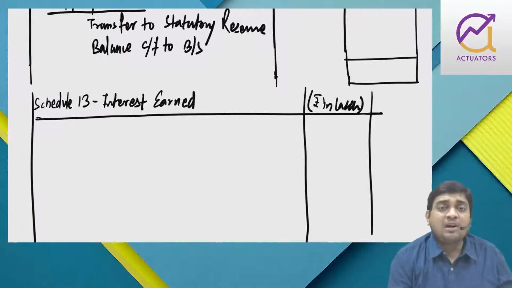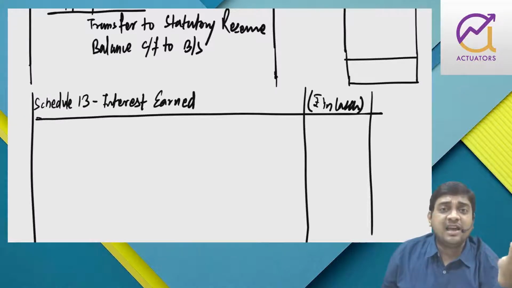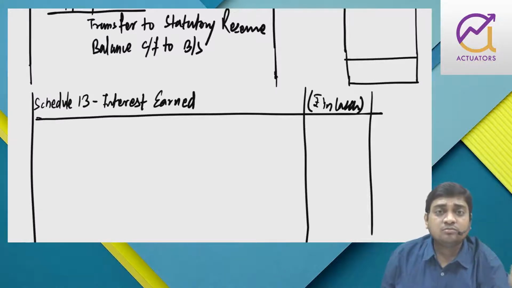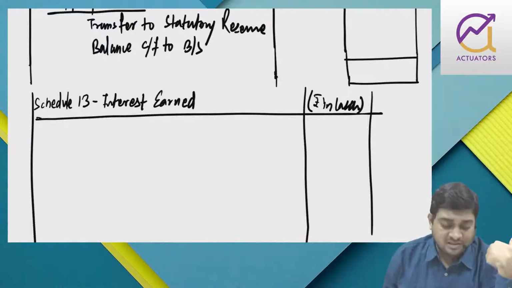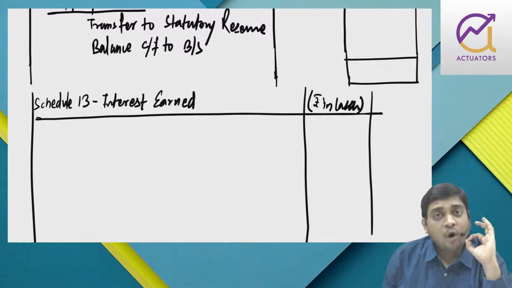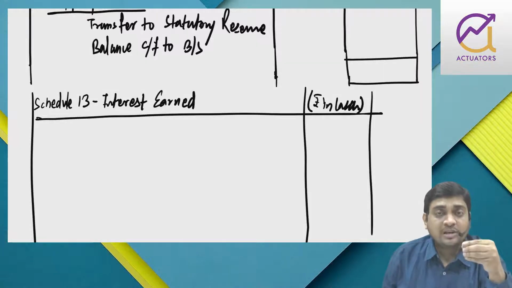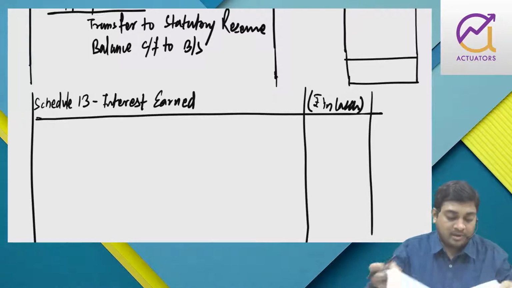Now what happens? What type of accounting system bank follows? As soon as interest EMI installment becomes due, right? Many of you might have done in hire purchase chapter that interest is shown due and then the payment is received. So this interest on cash credit is interest earned. Now this is of all advances. That interest on cash credit is also including interest earned on performing as well as non-performing.